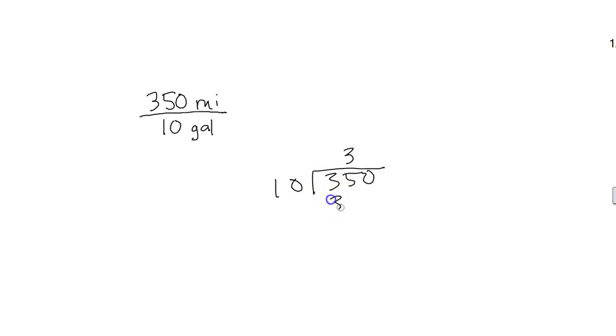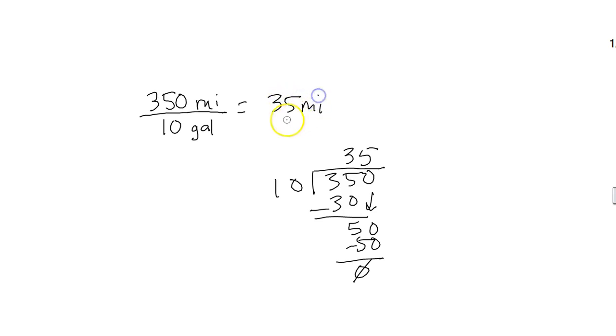We multiply to get 30, subtract, we get a 5, bring down the 0, and 5 goes into 50, and then we have no remainder. So basically what we've just achieved is that 35 miles of distance can be covered on 1 gallon of gas.